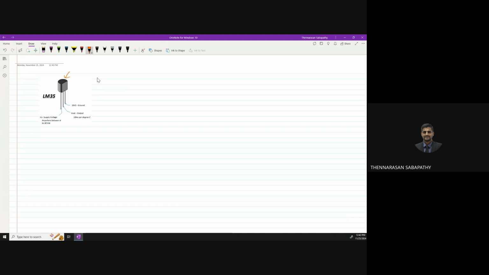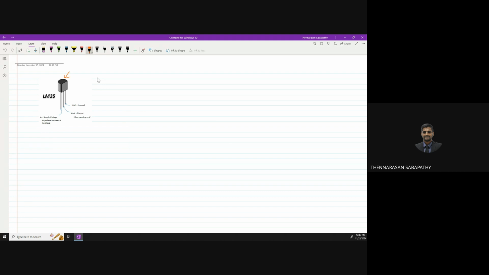And you will have a 3-pin: one connected to the supply, another connected to ground, and Vout. It will be self-generated by the sensor itself. You don't need to design a voltage divider or Wheatstone bridge to get the voltage. This is quite a straightforward sensor and easier for us to deal with compared to the NTC.